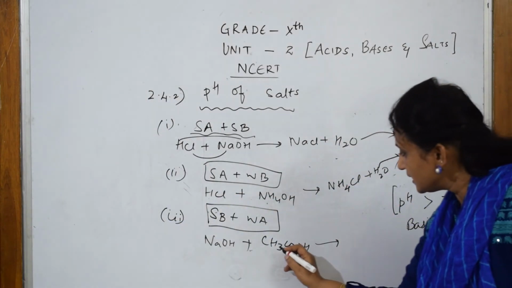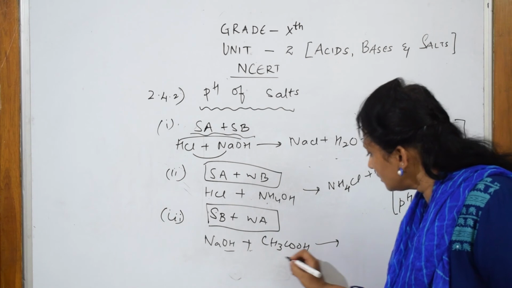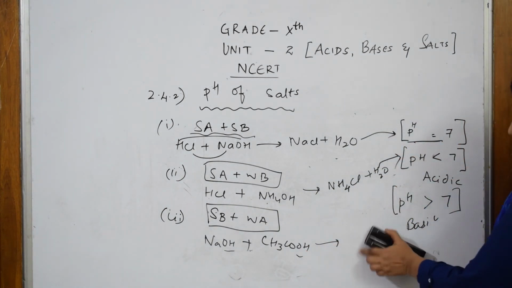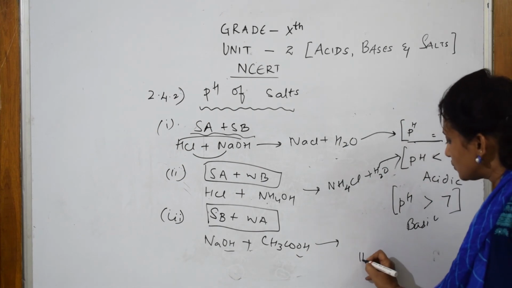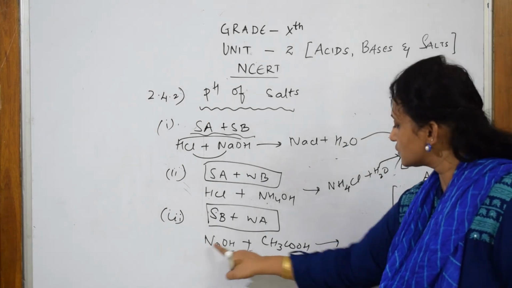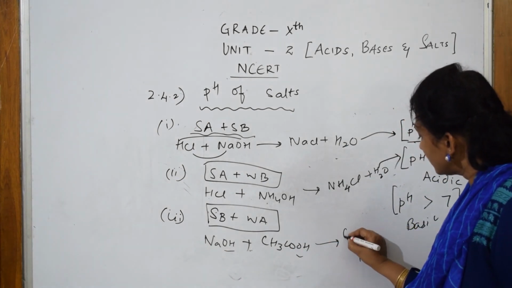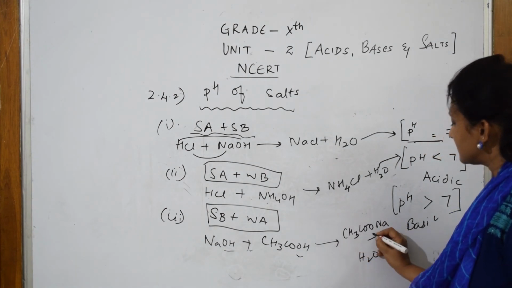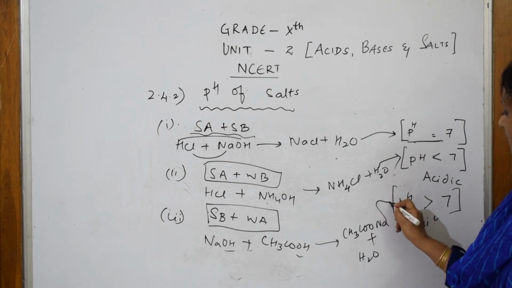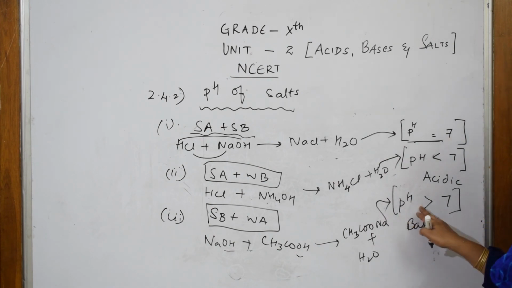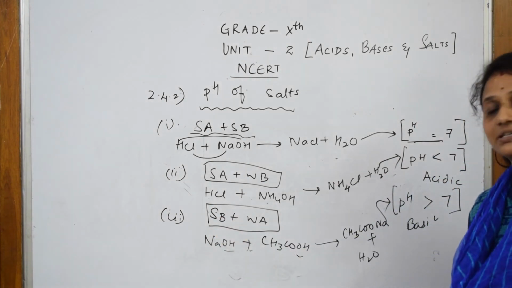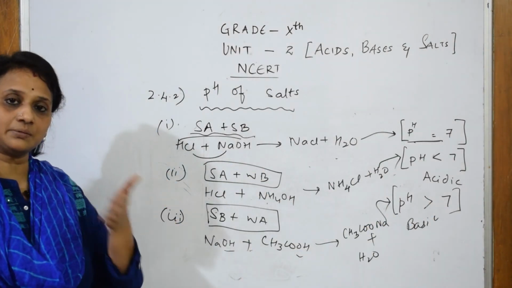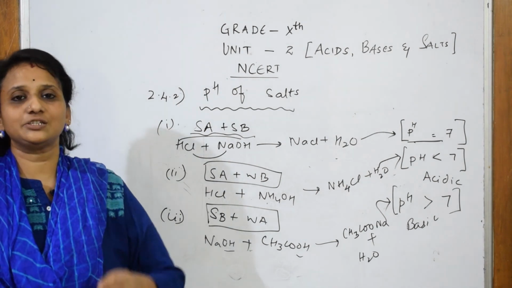Water, H2O, comes out. What is left out? Sodium acetate, written as CH3COONa. So what is the pH? The pH will be basic in nature. Why? Because you have taken a strong base. So this is the understanding, students. Please try to understand the concept. If you understand the concept, it is easy to write in the exam.